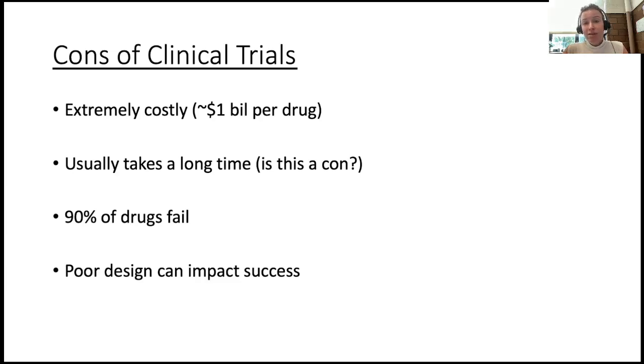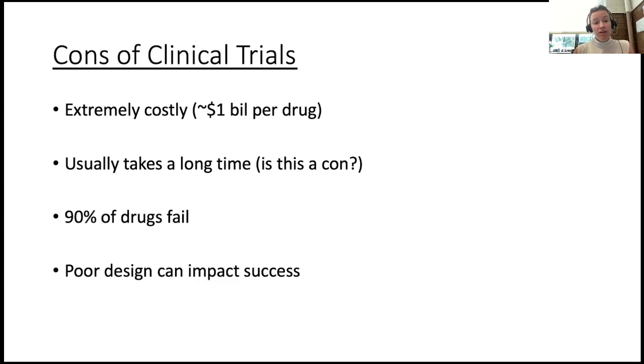However, this means that it can take longer than is absolutely necessary for a drug to reach the market. However, we did see, for example, during the COVID-19 pandemic, that sometimes the approval process can be expedited in extreme circumstances, such as a global pandemic, where the vaccines for COVID-19 were kind of pushed through this process faster than they normally would have been.